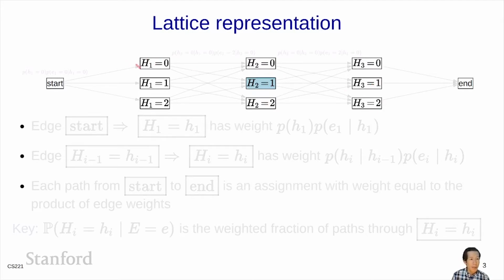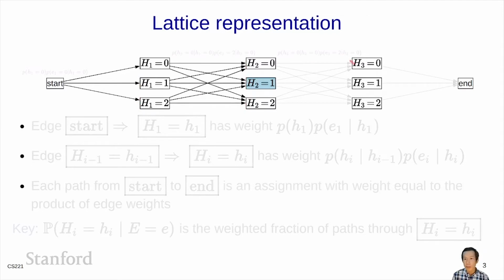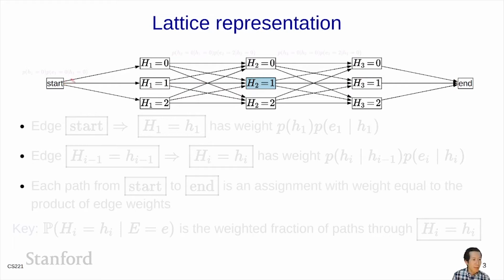Each path through this lattice corresponds to an assignment of values to all the variables. For example, I go through this path and set h1 equals 0, h2 equals 2, and h3 equals 1. This is a very compact way of representing all exponentially many assignments in a polynomial-sized object.